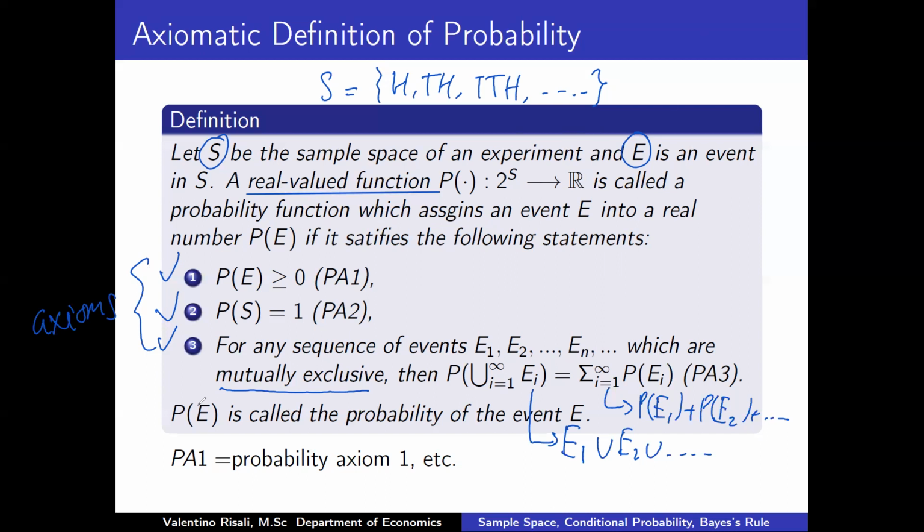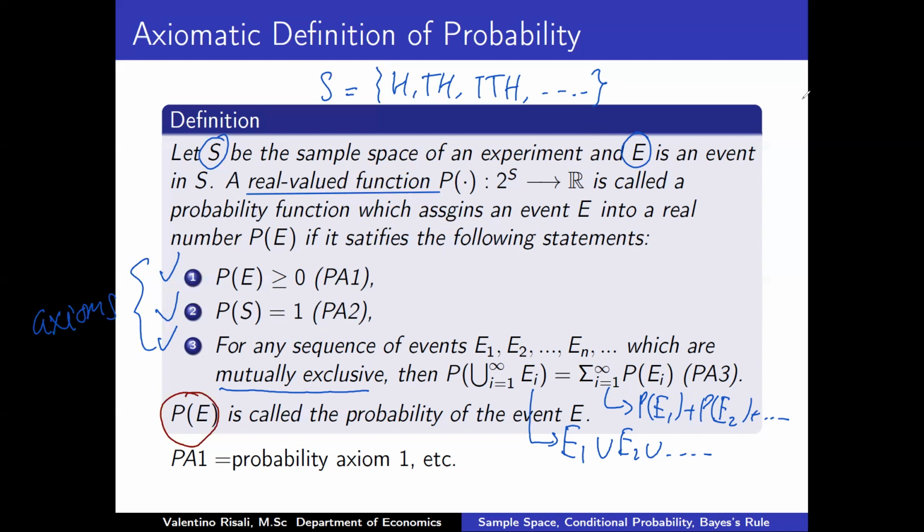And the real number P(E) is called the probability of the event E. Is there any question from you about this axiomatic definition of probability? Please.